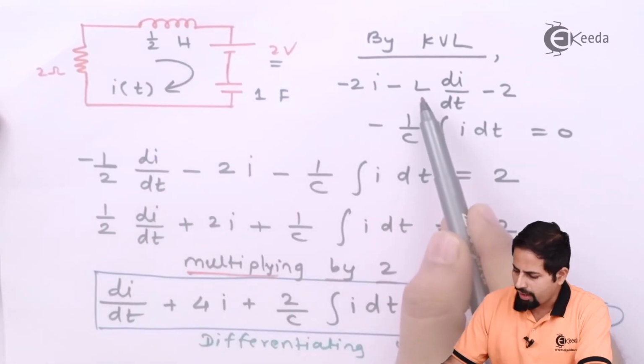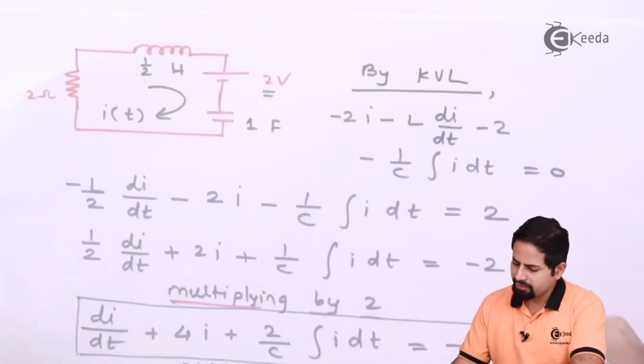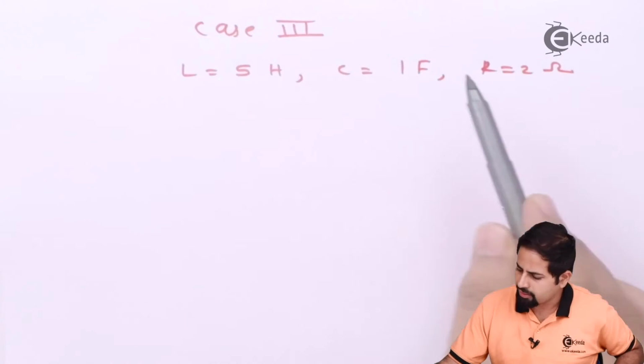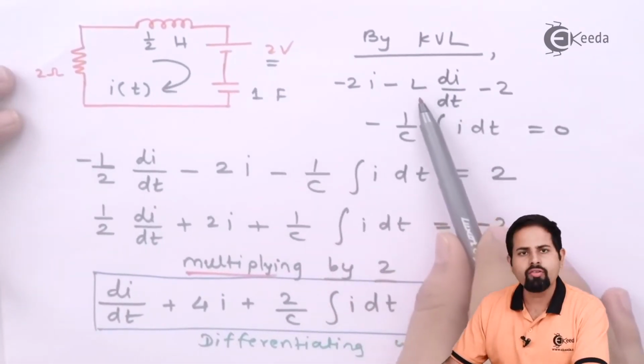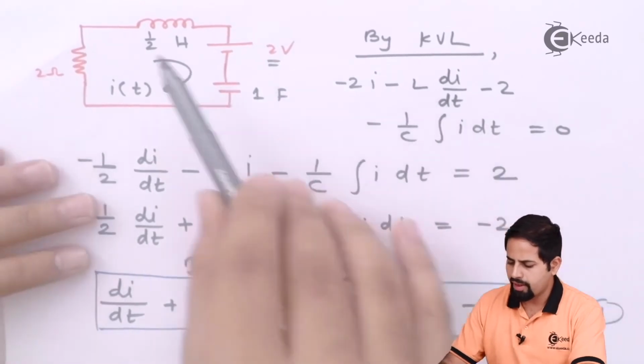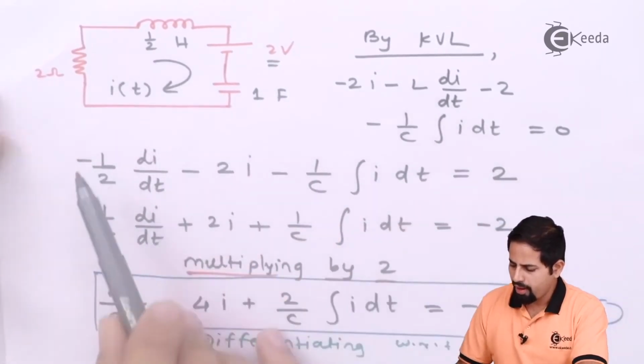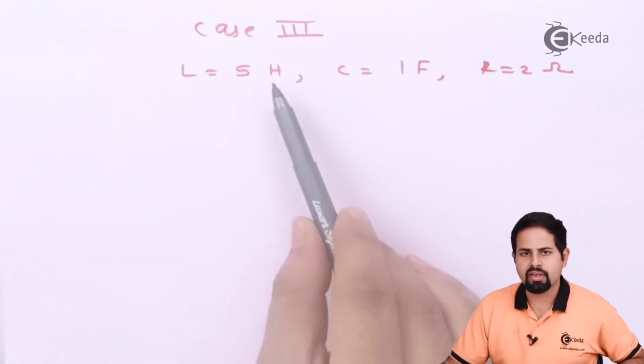The value of L I guess will change, and the capacitor value was 1 farad in case 1, here also it is 1 farad. So only change will be the change in value of this L. That means L, here it was 1 by 2 which we substituted, but here it will become 5 Henry.